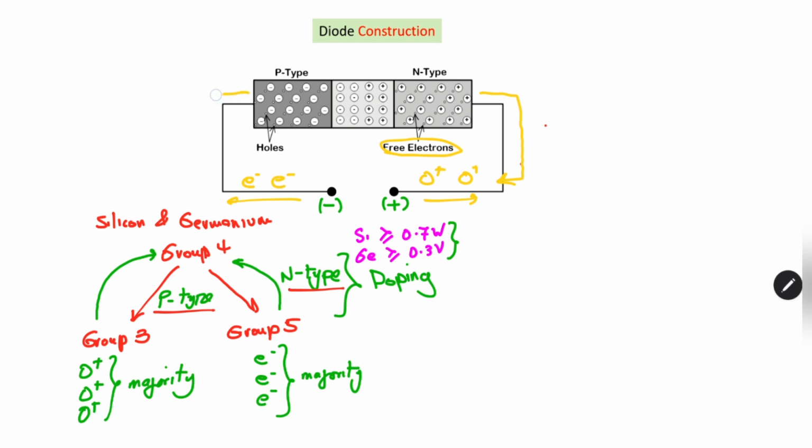Similarly, in the p-type, there will now be a flow of holes in this direction to bond with the electrons in this direction. So we can see that there is no movement of electrons in the depletion region. The depletion region does not change because all the electrons are attracted to the positive terminal and all the holes are attracted to the negative terminal.